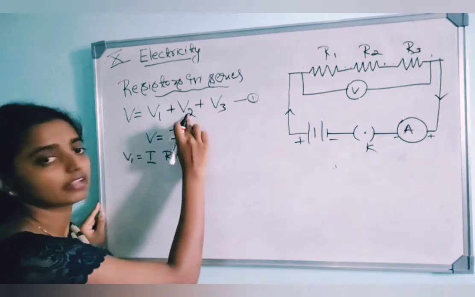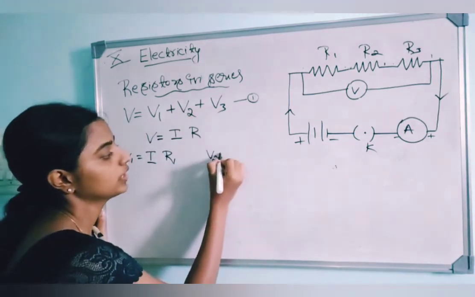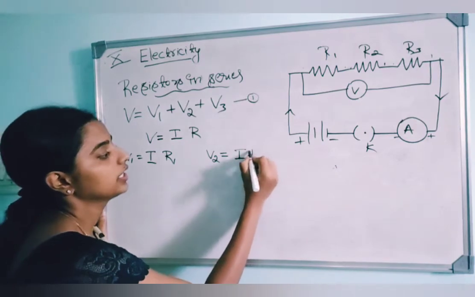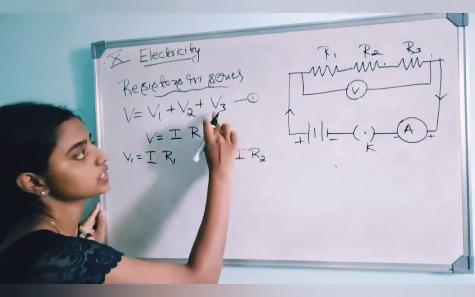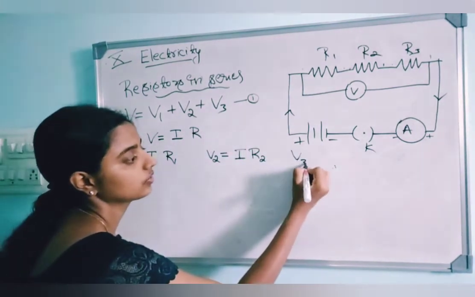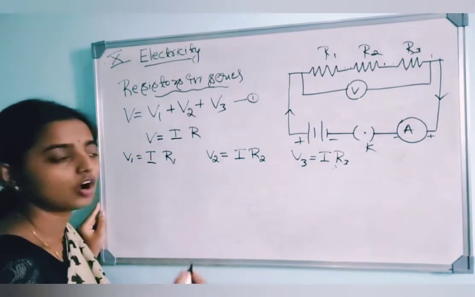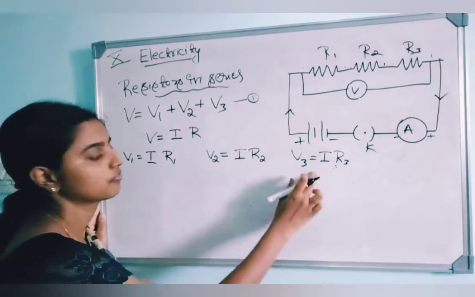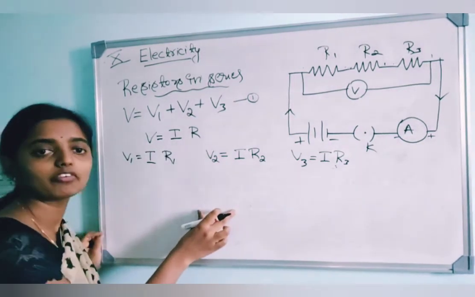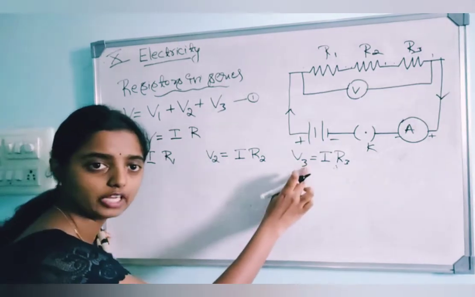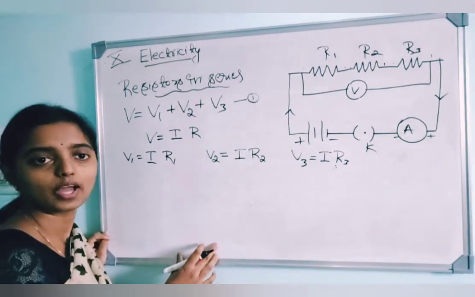Next we'll take V2. V2 is equal to I into R2. Next we are taking V3, that is V3 is equal to I into R3. Now I got 4 values for V, right? So what will be our next step? Substitute all the different values of V in equation 1.